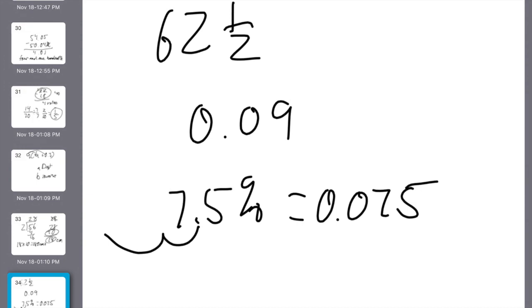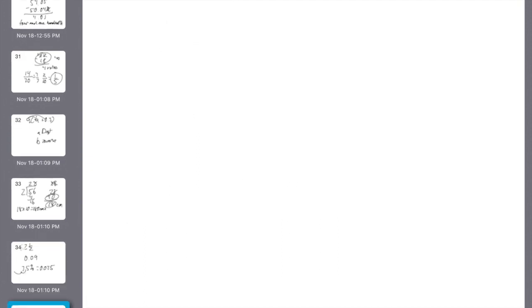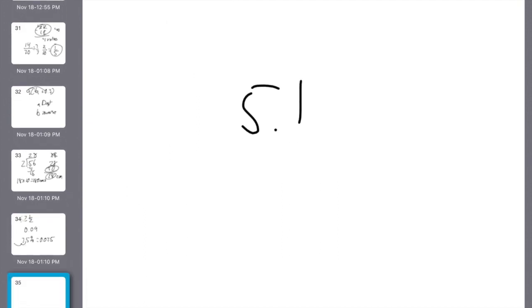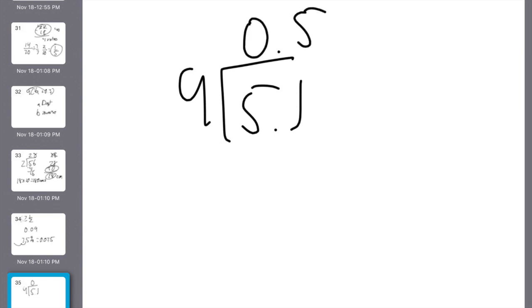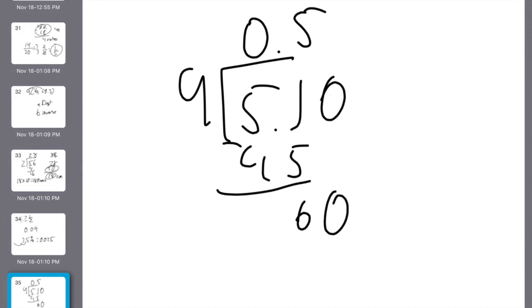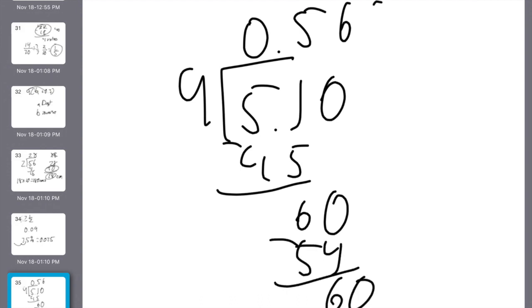Number 13, divide by 9 and write your quotient. So I have 5.1 divided by 9. 9 goes in there 5 times, that's 45. Subtract, bring down a 0, 60. 9 goes in there 6 times, that's 54. Subtract, 60 is going to go in there 6 times, and it's going to keep going.